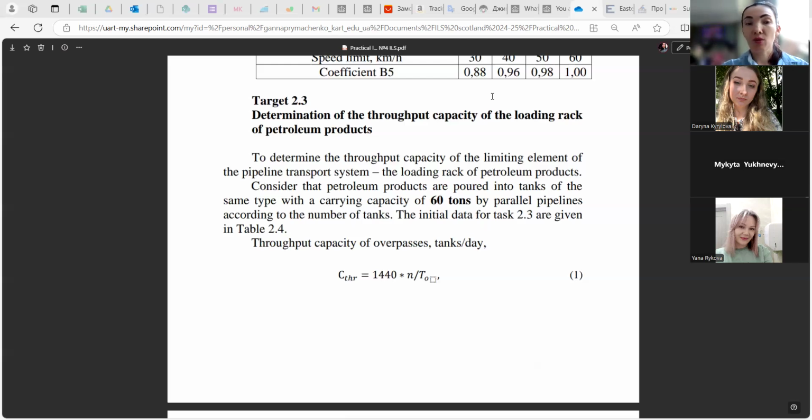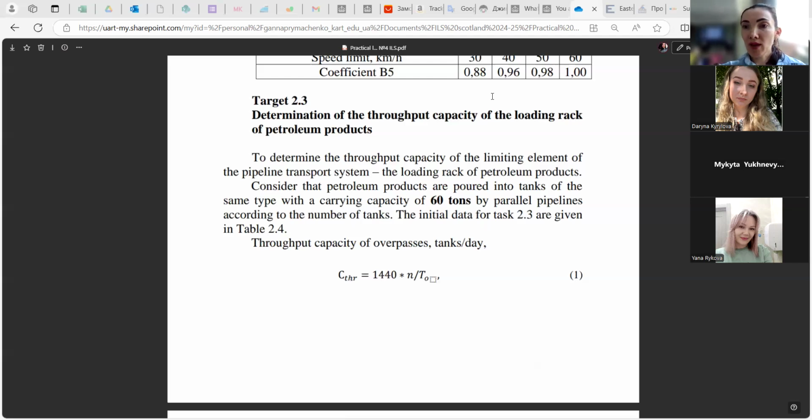It is also very important, and it is also a kind of transport between one country or more, 2, 3 or more countries. So it is also very important to know how many tons per hour. Now it is not about vehicle types. It is how many tons per hour we can pass through this loading rack. It is also very important.